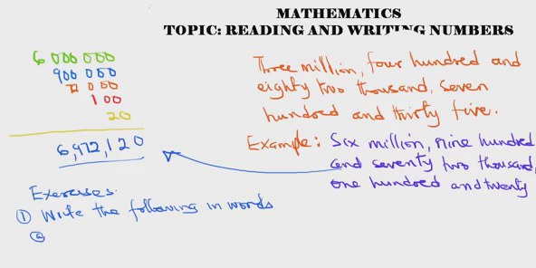The first one is 2,736,482, and the second one is 1,927,443. This number is given in figures and you want to write it in words. So lay your hands on this and try to solve this question.